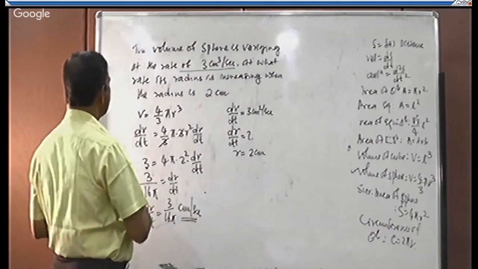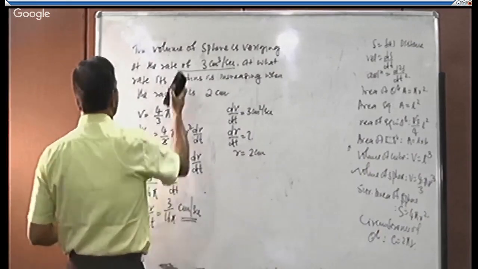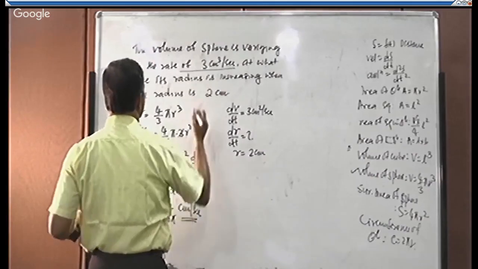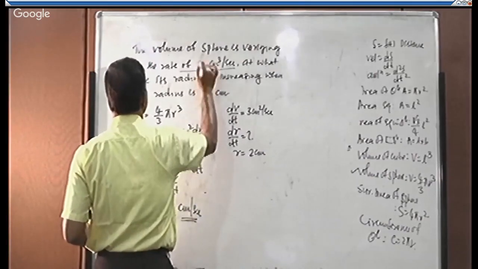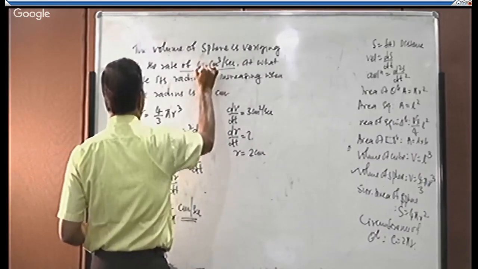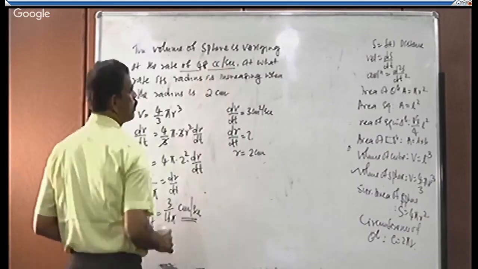Sometimes they will give it like this: the volume of a sphere is varying at the rate of 48 cc, means centimeter cube.